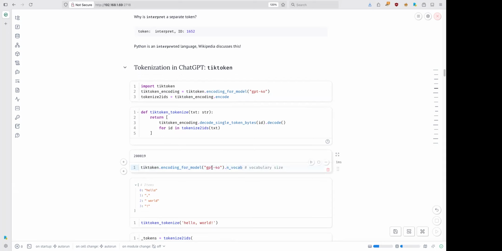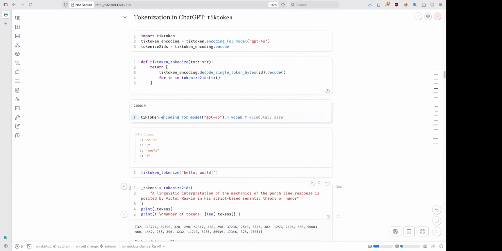We see that GPT-4o has 200,019 tokens. This is how actual ChatGPT will see your text. In order to communicate with you, in order to understand what you write, in order to answer, it will use 200,019 tokens. That's the size of its vocabulary.